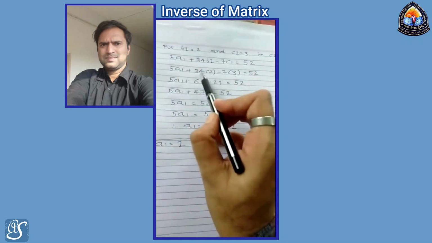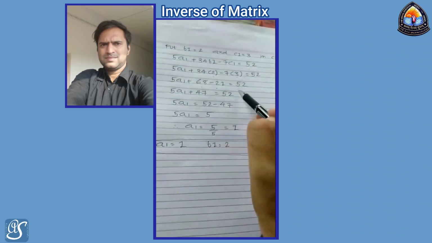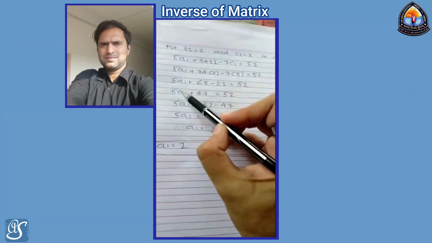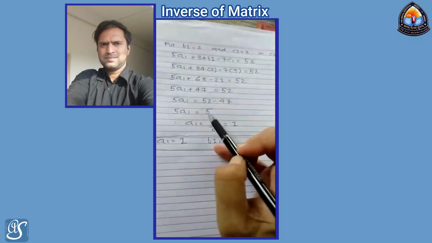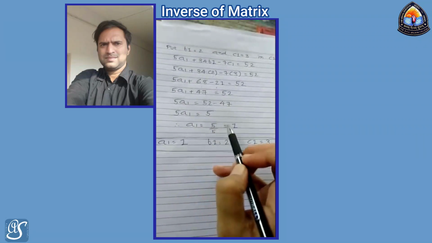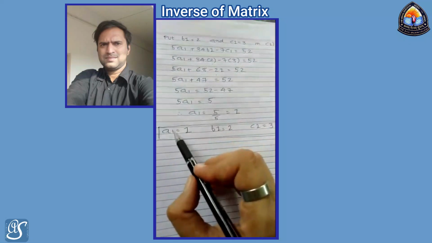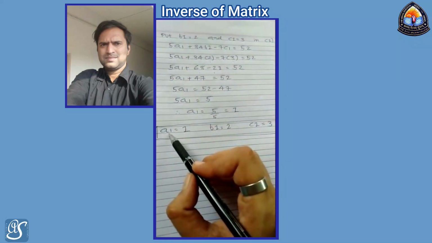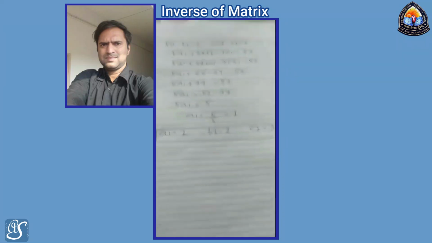So 5A1, 34 into 2 is 68, minus 7 into 3, 21, is equal to 52. So 5A1 plus 47 is equal to 52. So 5A1 is equal to 5. So A1 is equal to 5 upon 5, which is equal to 1. So we get the first row of A matrix: A1 is equal to 1, B1 is equal to 2, C1 is equal to 3.